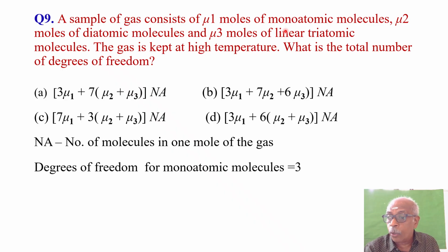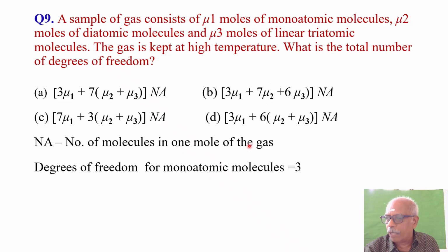Then what is the total number of molecules present there? If you multiply it by 3, you will get the total degrees of freedom for all the monoatomic molecules. What is the total number of molecules, sir?